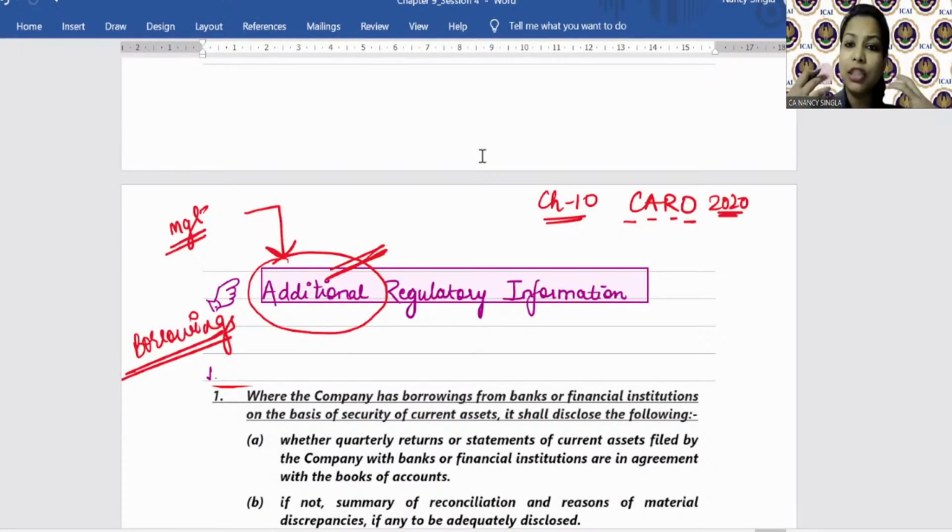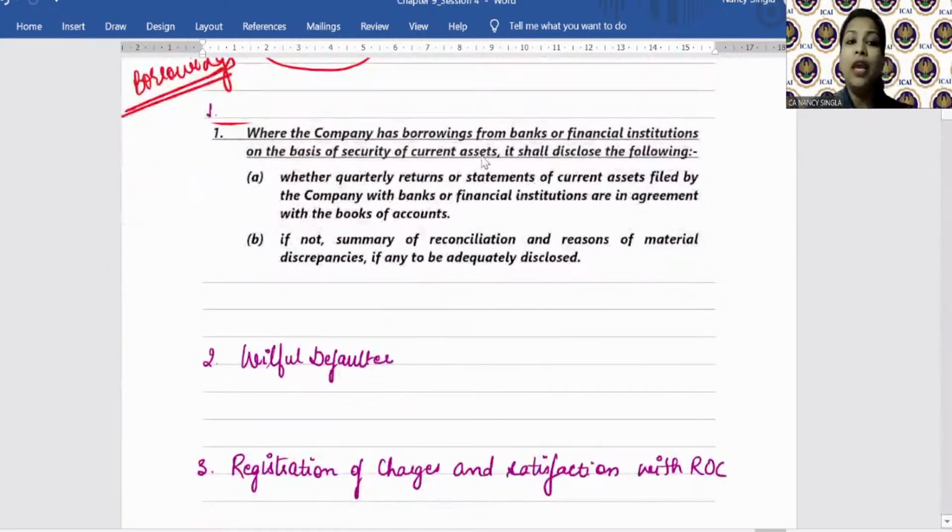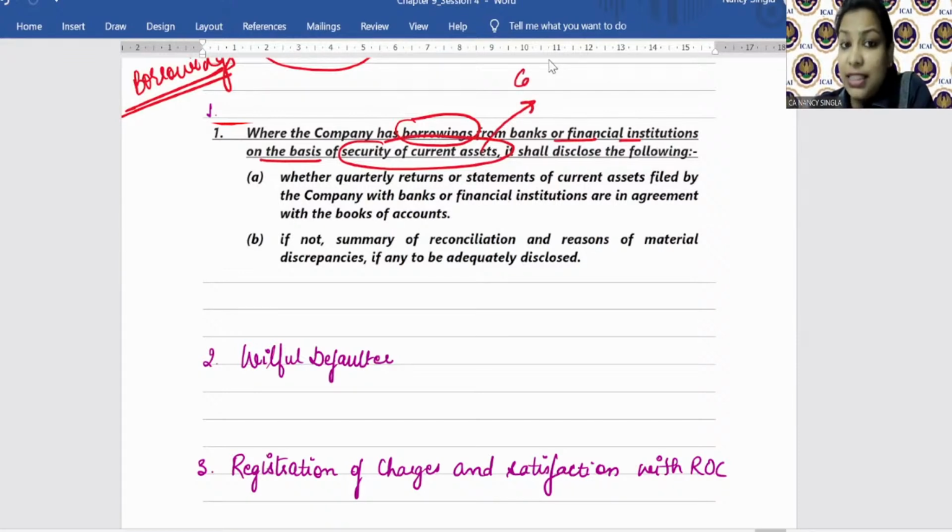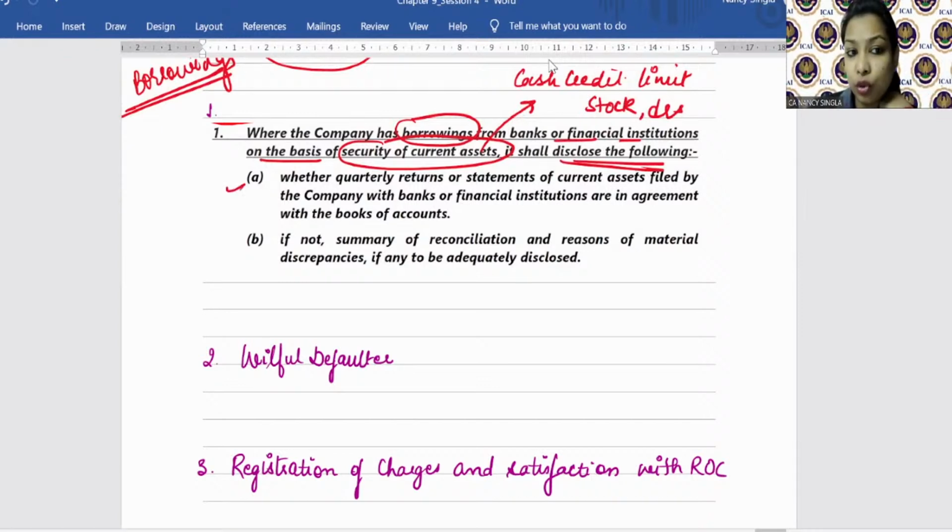तो अभी हम क्या पढ़ रहे हैं कि मैनेजमेंट को कैसे डिस्क्लोज करना है additional regulatory information in their notes. Now, where the company has borrowings from banks or financial institutions on the basis of security of current assets, say the company has taken cash credit limits on the security of stock or debtors, the company shall itself disclose two points.